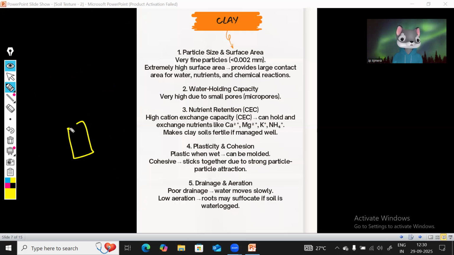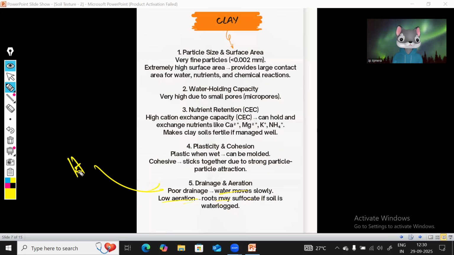If micropores hold the water, and water is in the pores, then air will be less. So there is low air, poor drainage, and poor aeration, and the soil gets suffocated.